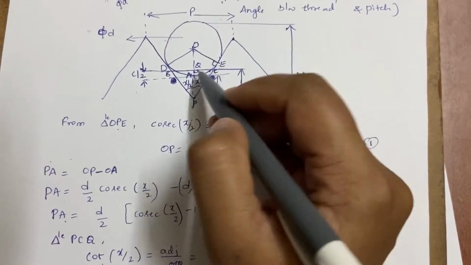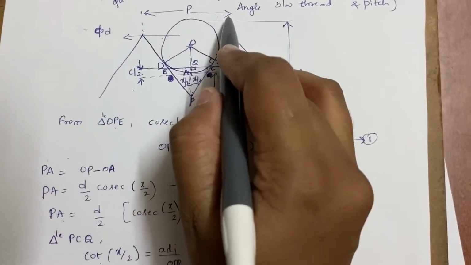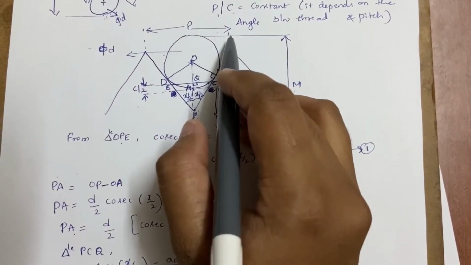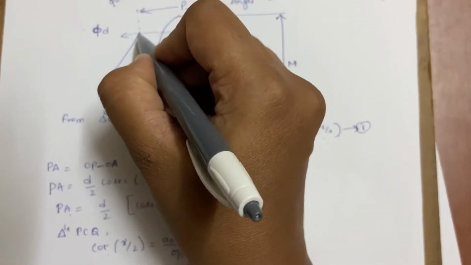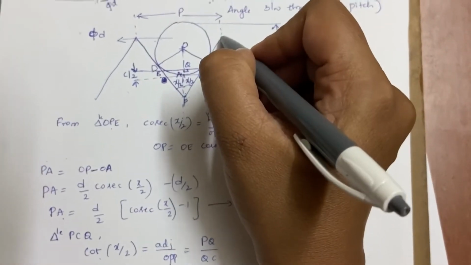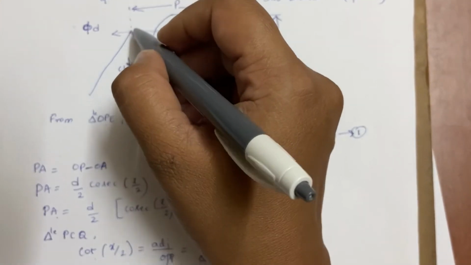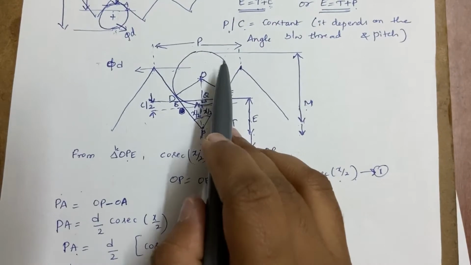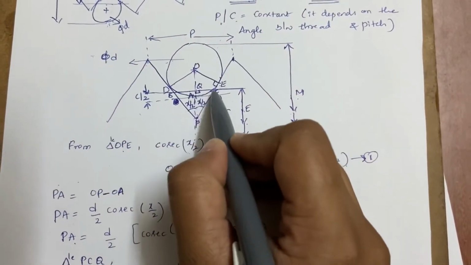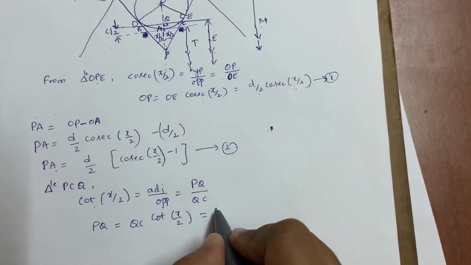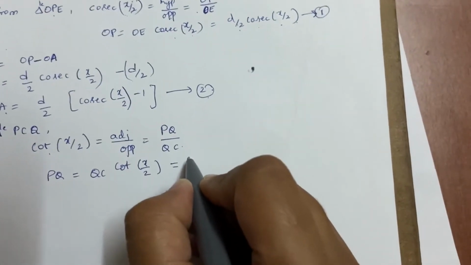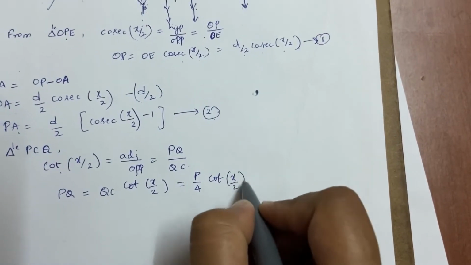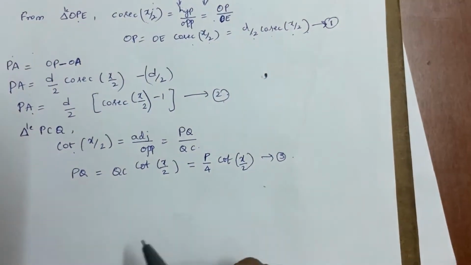How can we express QC? Small p is the pitch of the thread, which is from this crest to this crest. So QC is equal to P by 4, and PQ is P by 4 cot x by 2. This is my expression number 3.